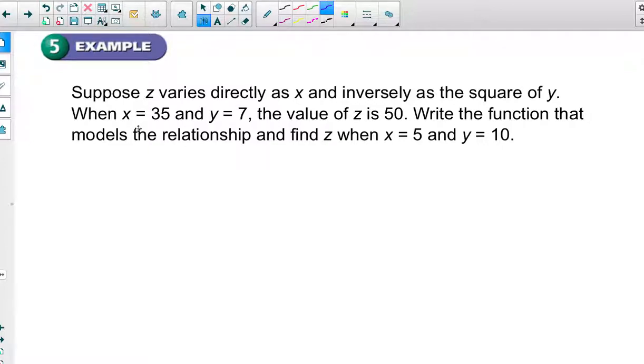The very first thing we want to do is take a look at this first sentence, and we want to write an equation given those variables. So we know that z is going to vary directly as x and inversely as the square of y. But what do all direct and inverse variations have?